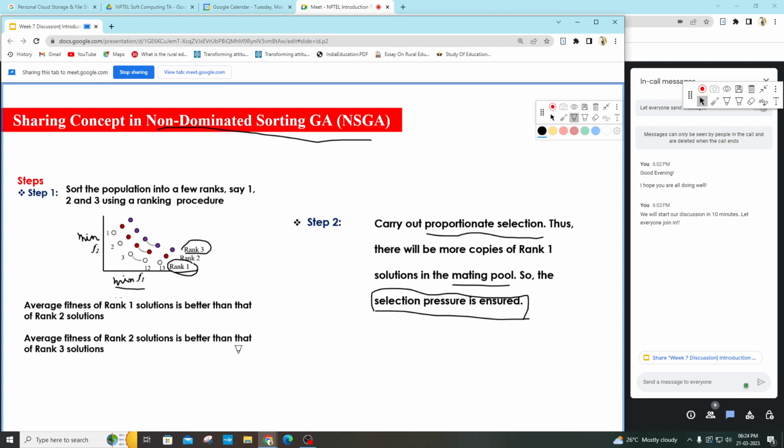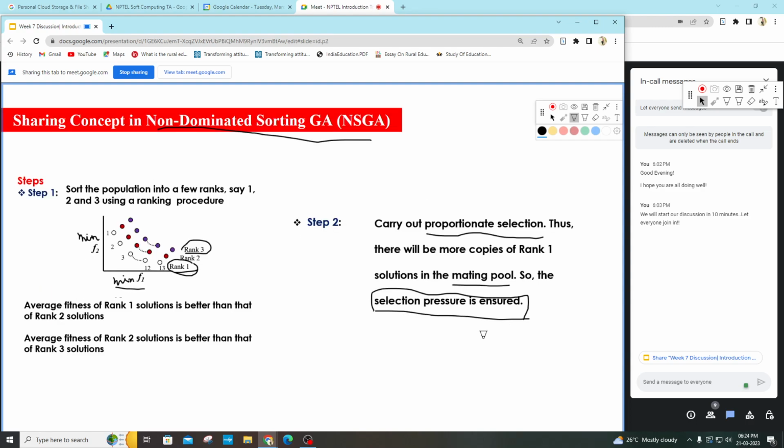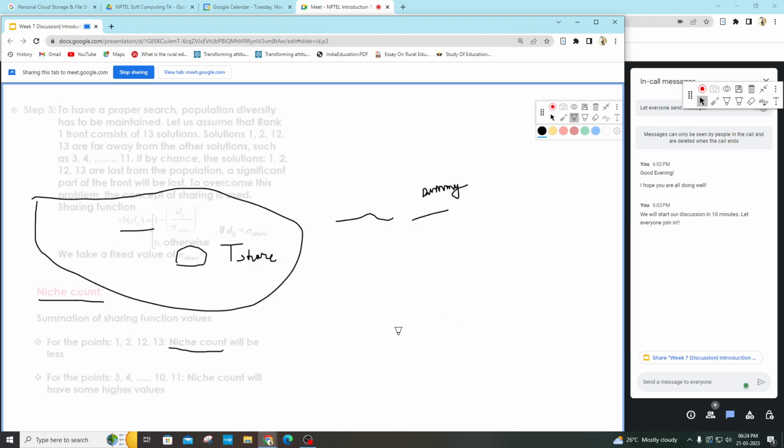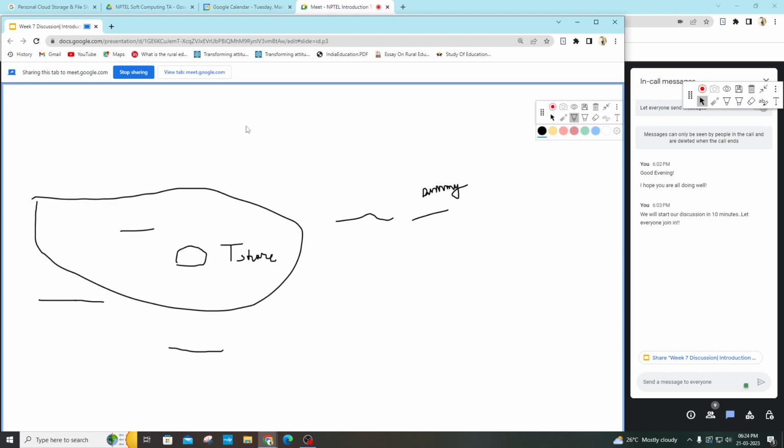But we encounter a problem in step 3. In a genetic algorithm we have to take care of two things: one is selection pressure, another is population diversity. In this third step we encounter a problem when we check for population diversity.